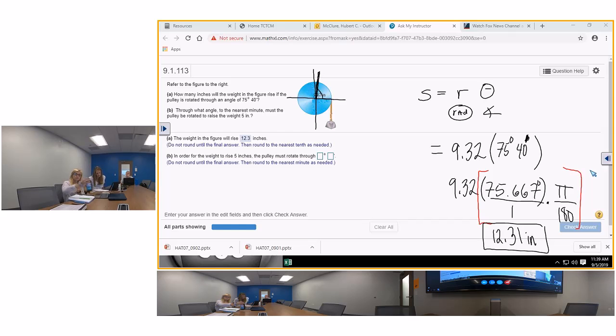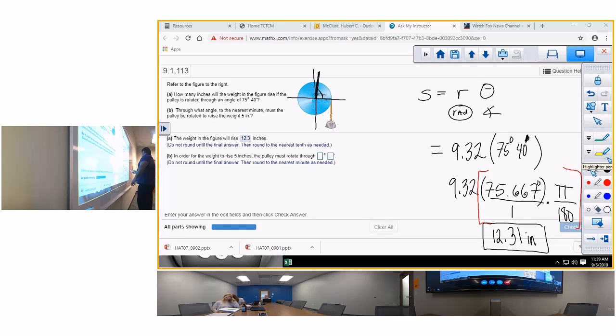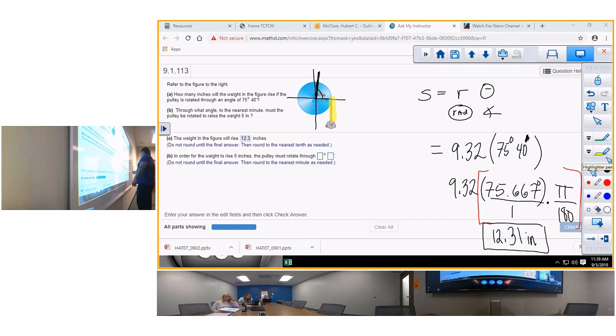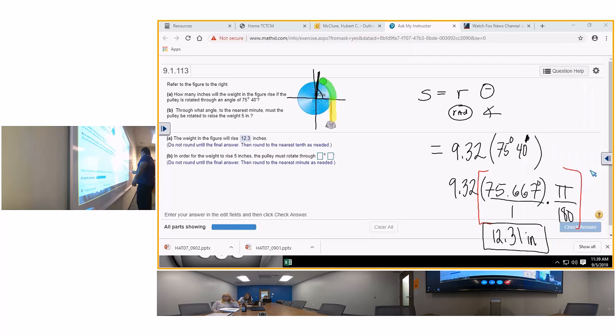Everybody with me? That angle is 75 degrees. So this rope, and I'm going to highlight this rope, this rope right here just traveled how many inches? 12.3 inches. So this right here is 12.3 inches.